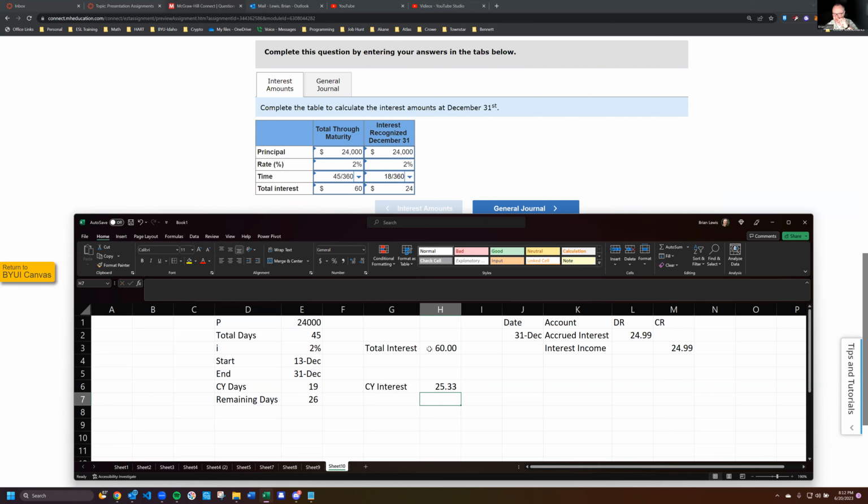If we use 360, that's $60. Now the second one, they did not include the day of. They only included the difference between the dates. So that's 18. So that gives you $24, which is the same there. Okay, so now we just change this over here, $24.